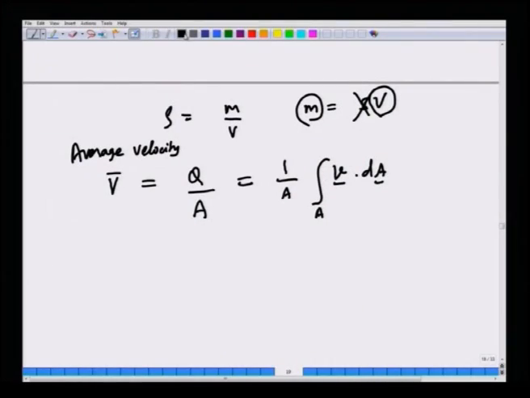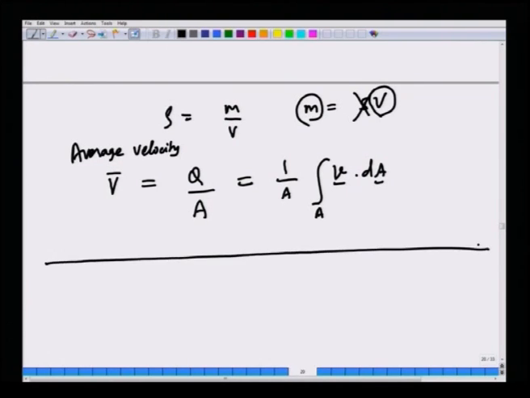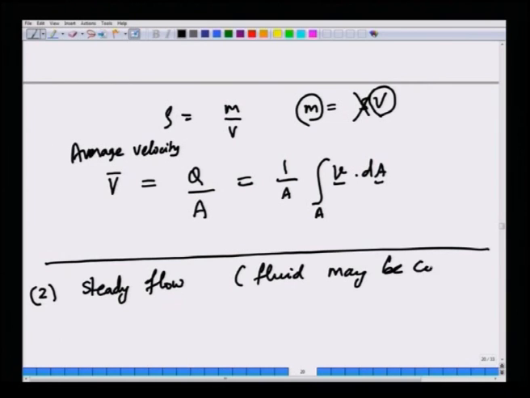Okay. Now, the next simplification we will do is steady flow. Now, the fluid may be compressible.